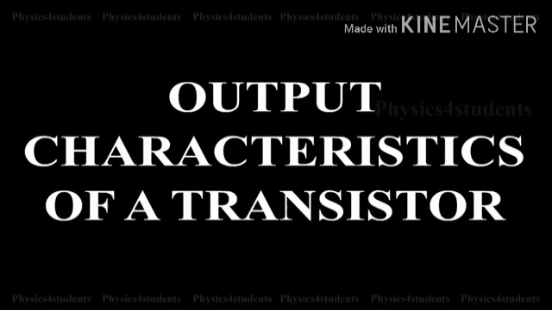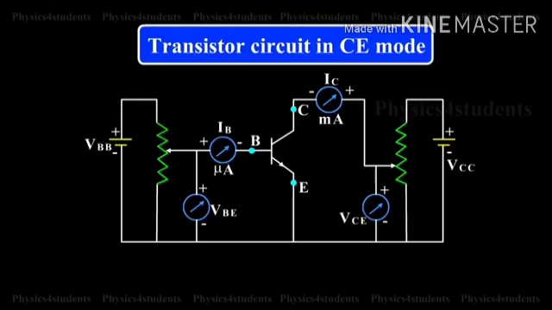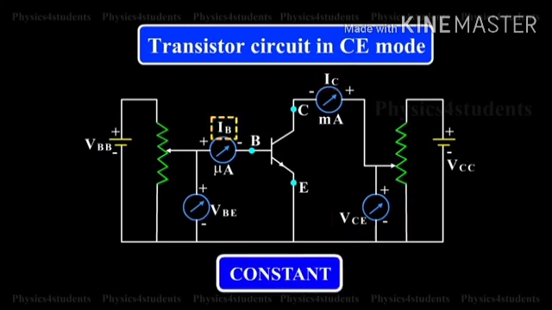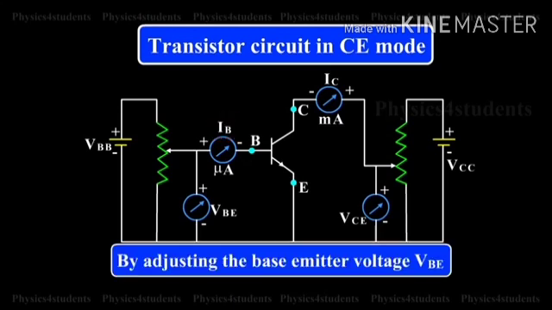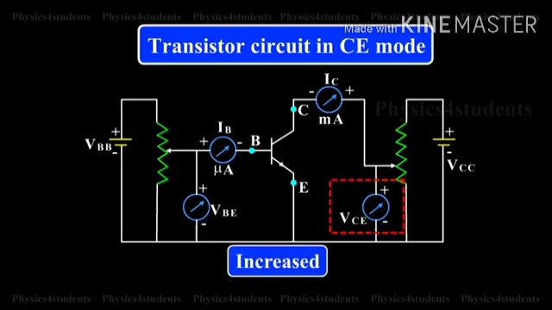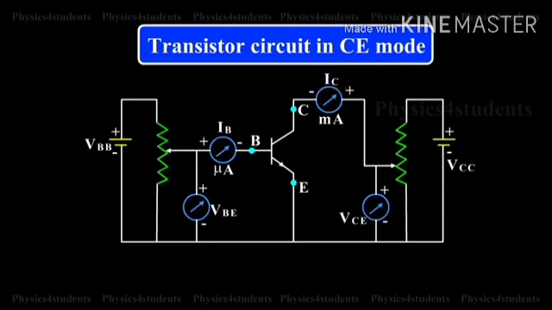Next we see the output characteristics of the transistor. Here we measure the current IC by changing VCE at constant IB. The constant base current is maintained by adjusting VBE. VCE is increased in suitable steps, and the corresponding IC current is noted.